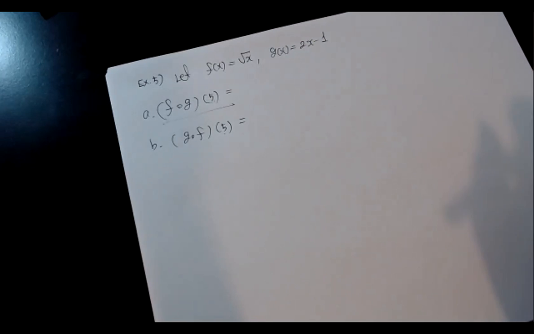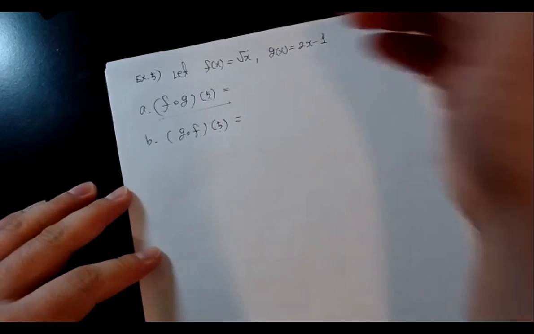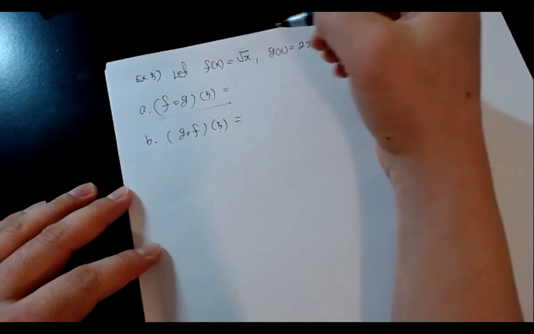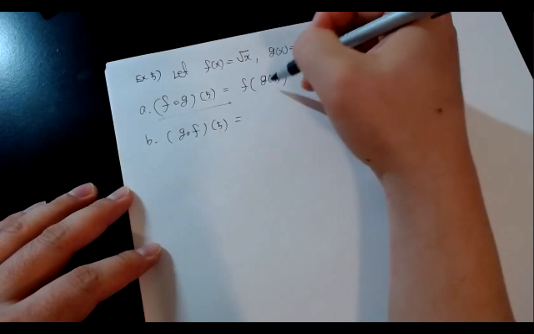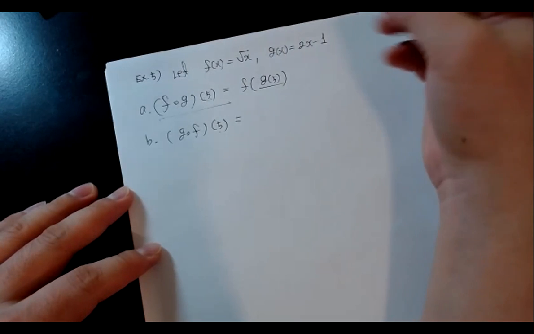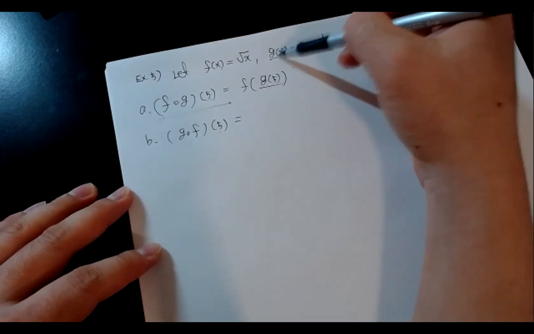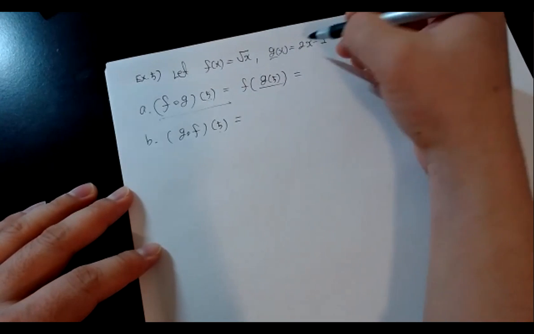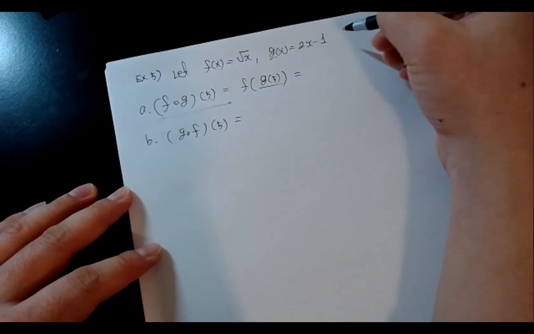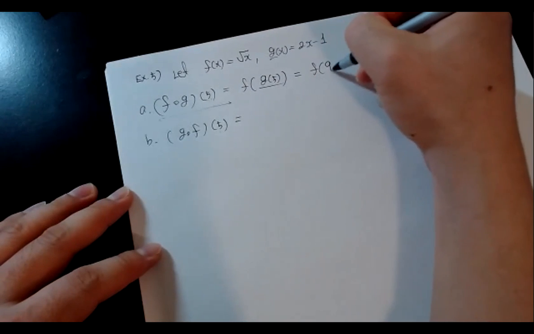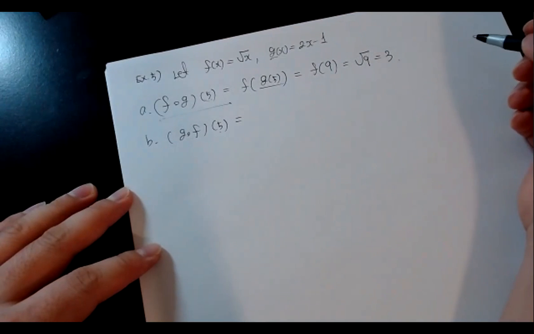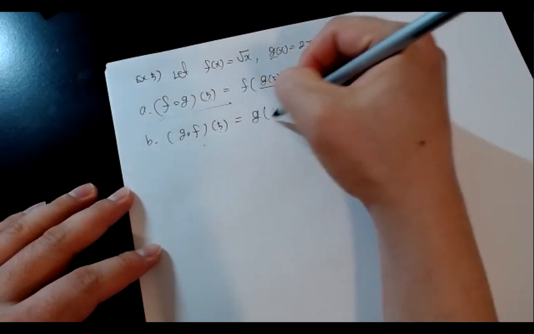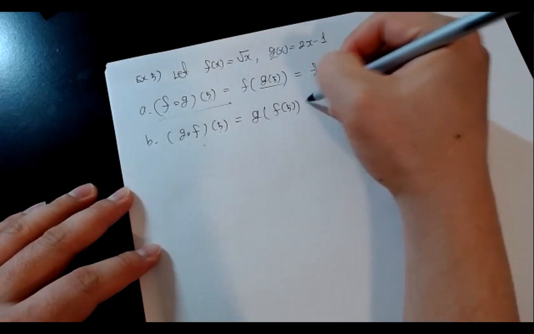Just apply the definition of composition, which is f of g of 5, and then we figure out g of 5. It means we evaluate g at x equals 5, which is 2 times 5 minus 1, which is 9, right? So this is f of 9, that's the square root of 9, which is 3.